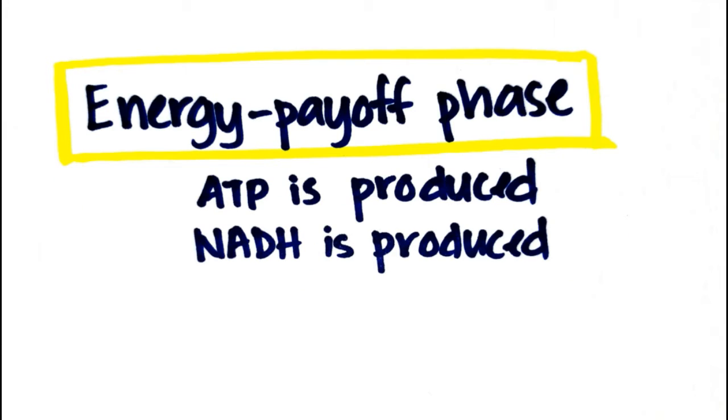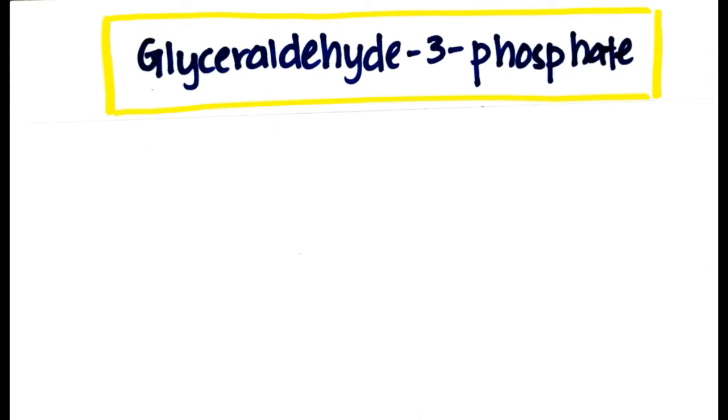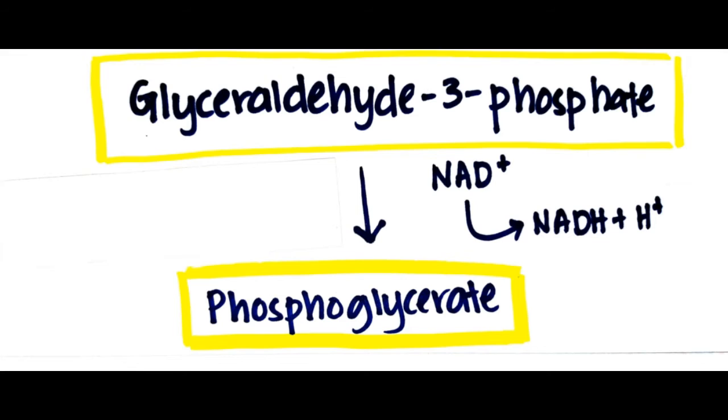Now let's begin the energy payoff phase. Glyceraldehyde 3-phosphate undergoes dehydrogenation to form phosphoglycerate. Dehydrogenation is a process of removal of hydrogen. NAD+ in the cytoplasm is the hydrogen acceptor.